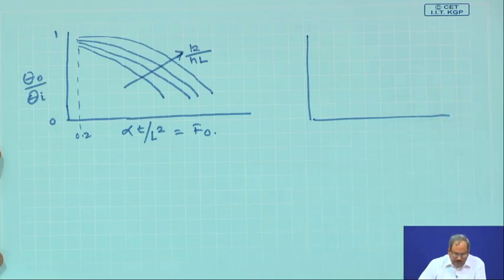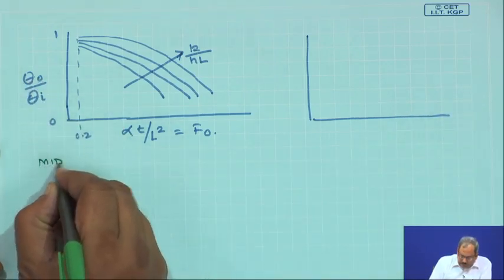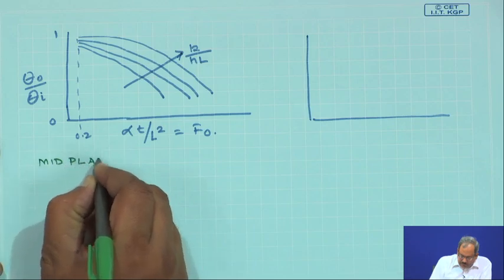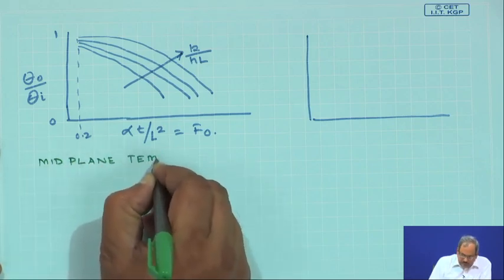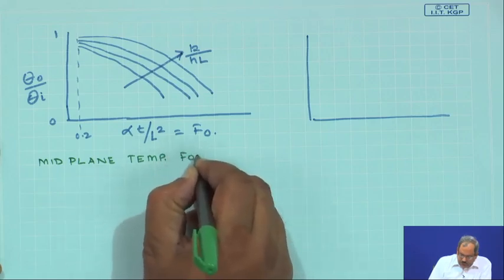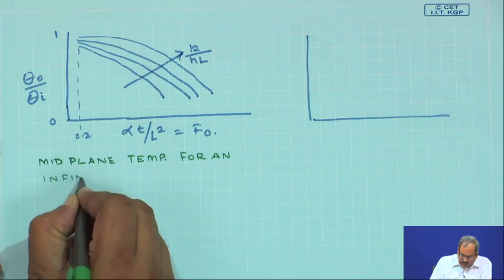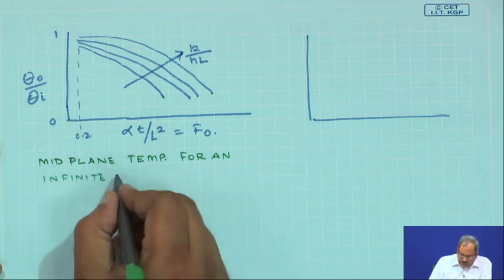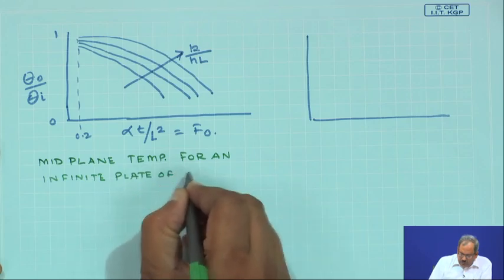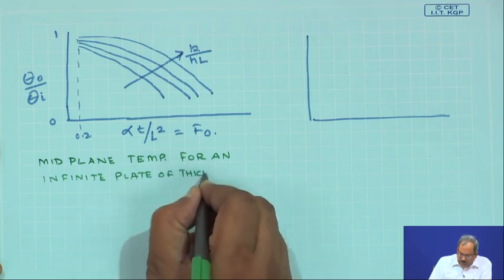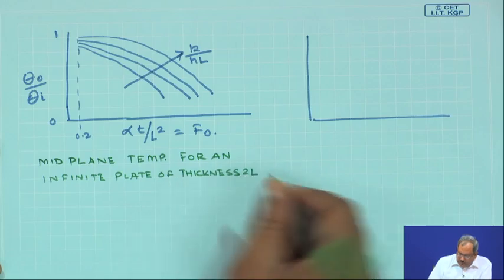So, this essentially gives you the theta 0, which is the mid plane temperature for an infinite plate of thickness 2L.